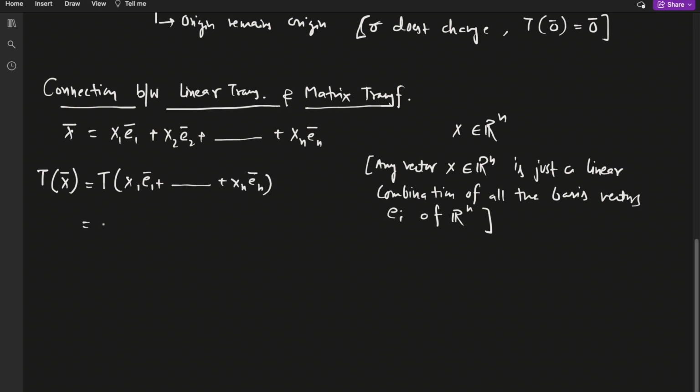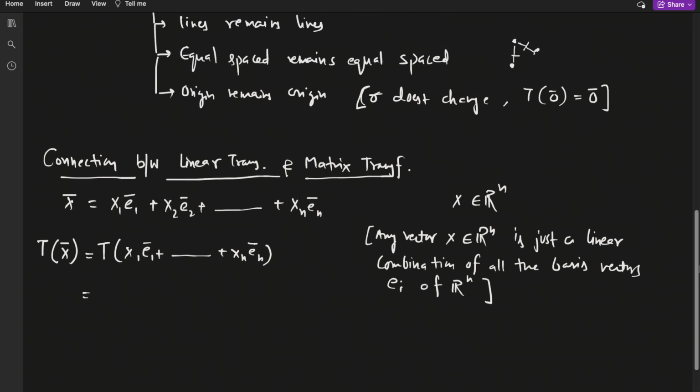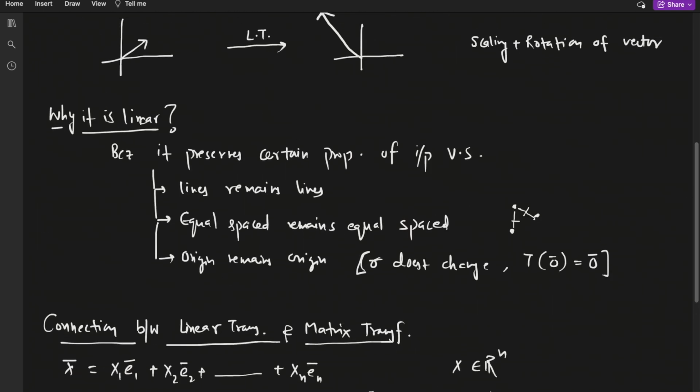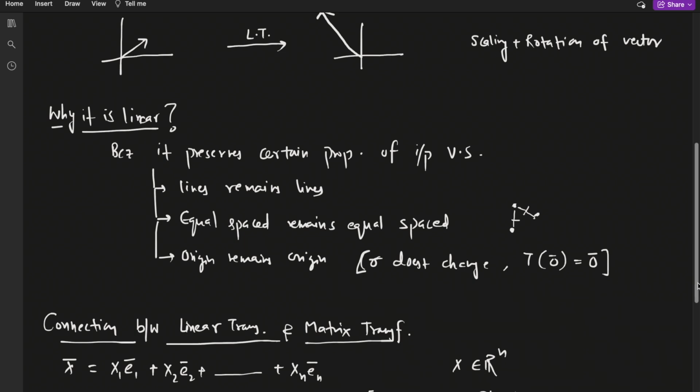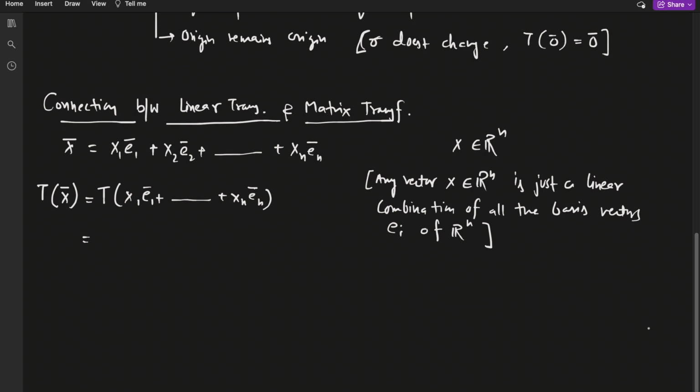And in the previous lecture, I explained one of the properties of linear transformation, like why it is called linear. These three properties were a graphical or visual representation, but we are talking about maths here, so how we represent linear things I already explained.